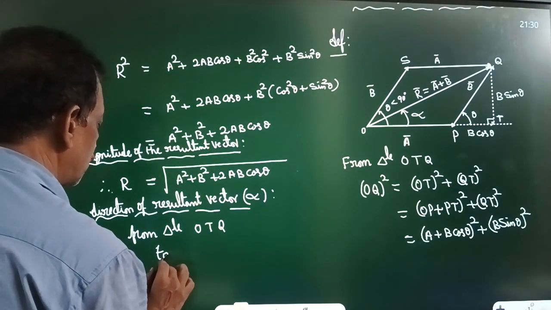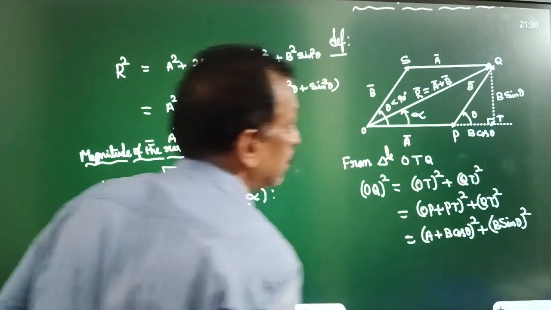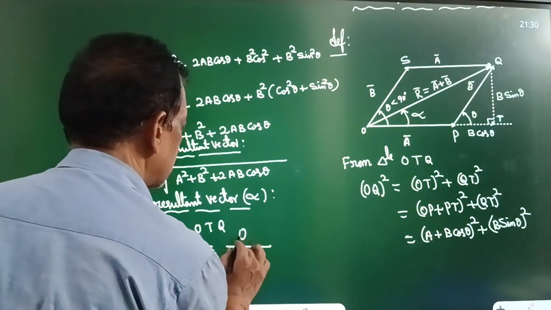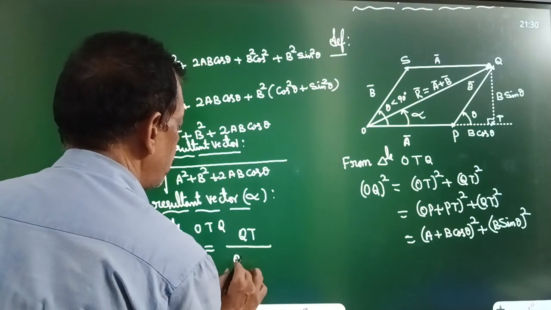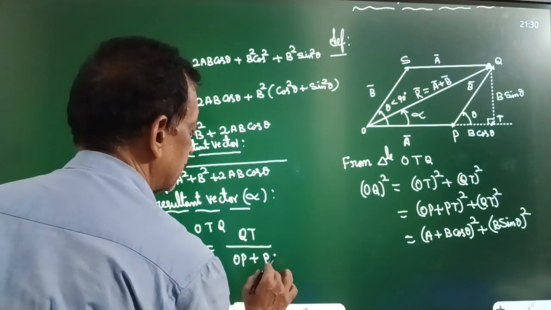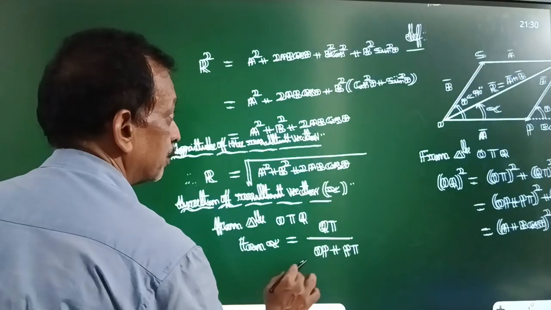tan alpha is equal to opposite side QT divided by OP plus PT. Okay, copy.